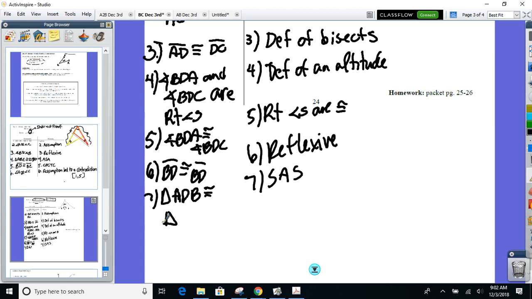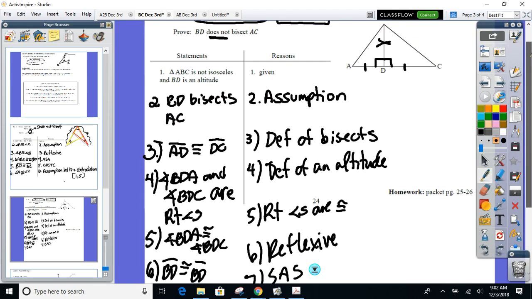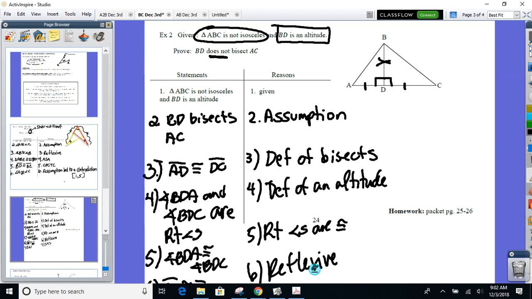What was the other on the other side? CDB. Okay, triangles are congruent. Where else are you going here? Need to make it isosceles. That's our goal. Make it isosceles. Hi, Ryan.